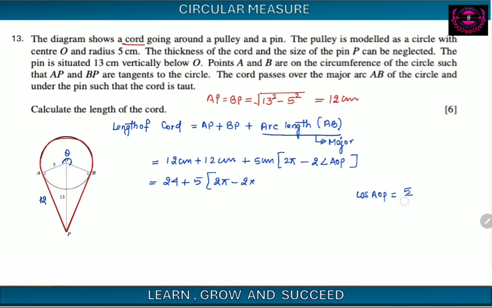So 5 upon hypotenuse 13. Therefore angle AOP will be cos inverse 5 by 13, which is 1.176 radians. So 2 into 1.176 radians, and we will get our final answer as 43.7 centimeter.